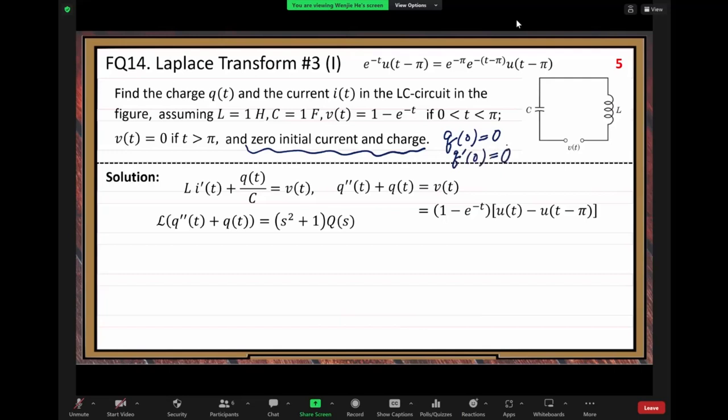That's the reason our Laplace transform here is very simple: (S squared plus 1) times capital Q. The right-hand side is a little harder to calculate.